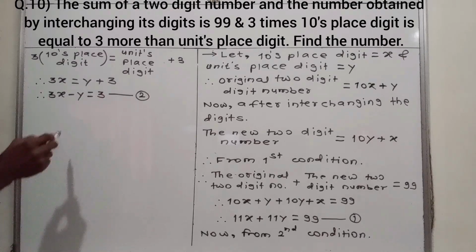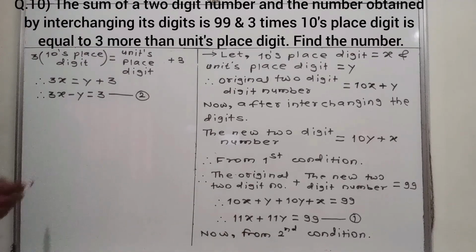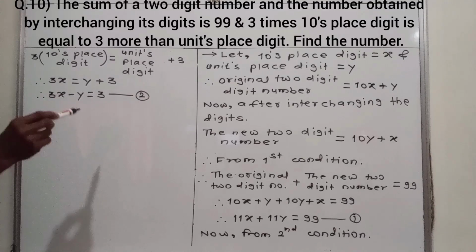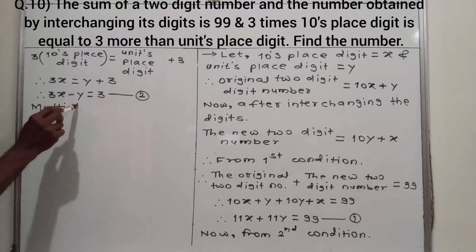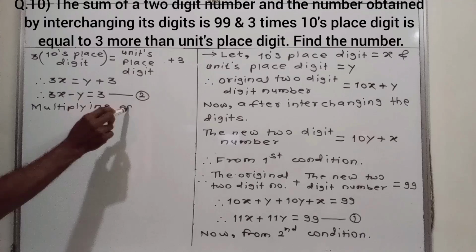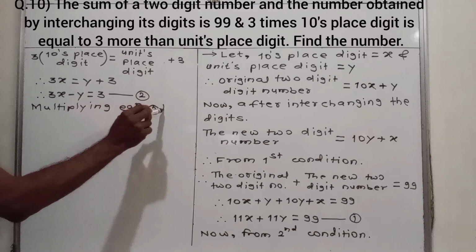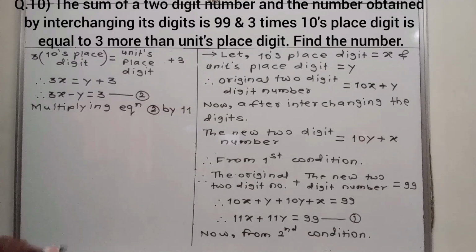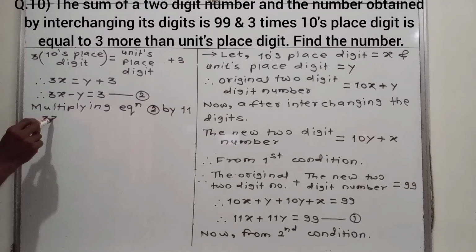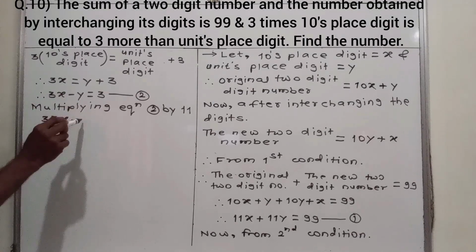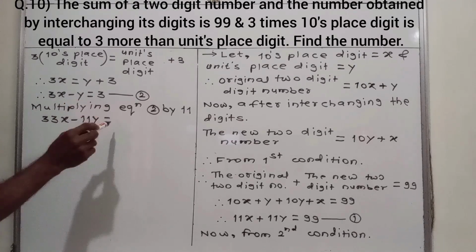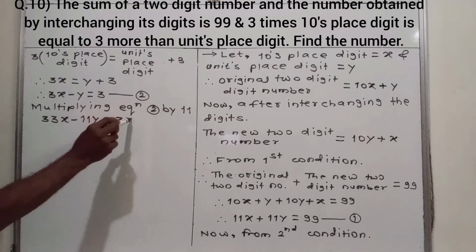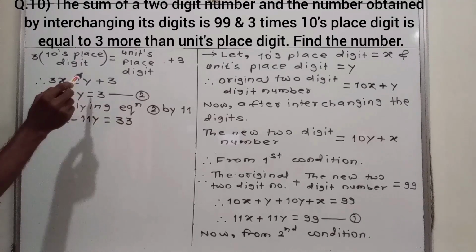Equation number 2. Now here, for elimination of y, multiplying equation 2 by 11. 11 into 3x, 33x minus 11 into y, means 11y is equal to 33.